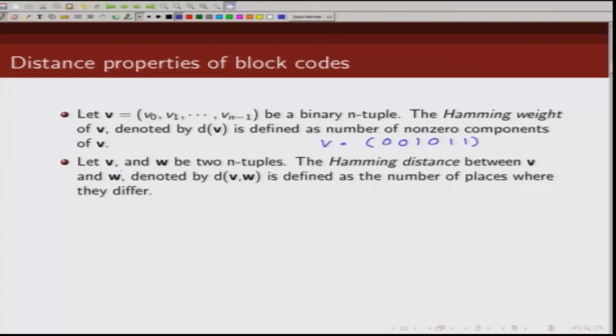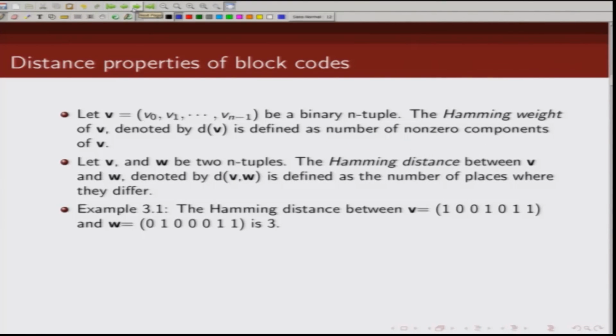Now, let V and W be two n tuples. We define the Hamming distance between V and W, denoted by d(V,W), as the number of places where V and W are differing. For example, if V is given by 1 0 0 1 0 1 1, and W is given by 0 1 0 0 0 1 1, then what is the Hamming distance?